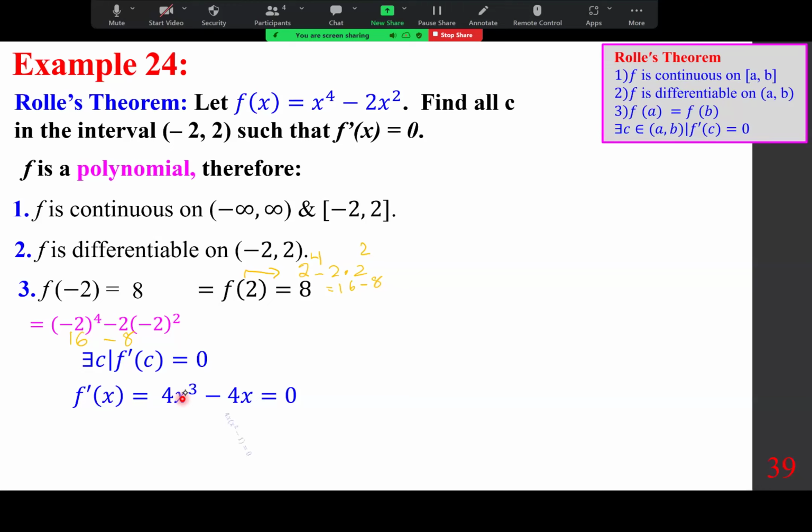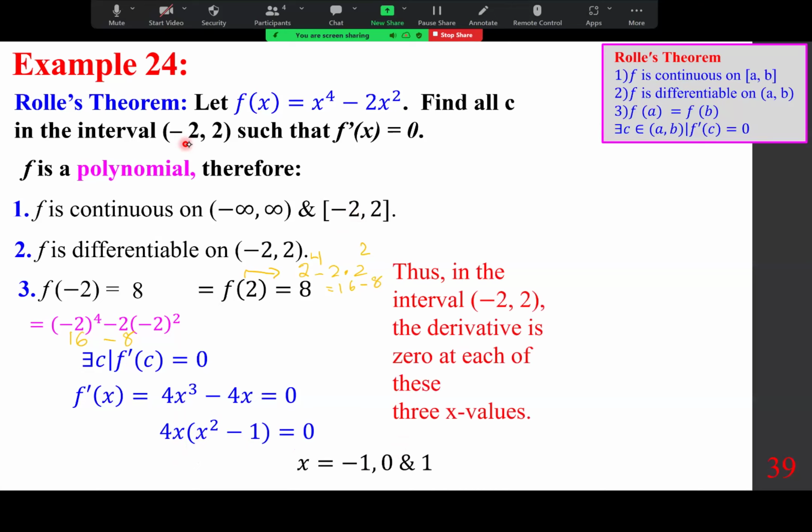We get 4x times x squared minus 1. By now, everybody knows this gives you 0. X squared minus 1 is 0, gives you plus minus 1. So there are three answers: -1, 0, 1, and all of them happen to be in between the given interval. So all of them are fine. Thus, in the interval of -2 to 2, the derivative is 0 at each of these three x values.